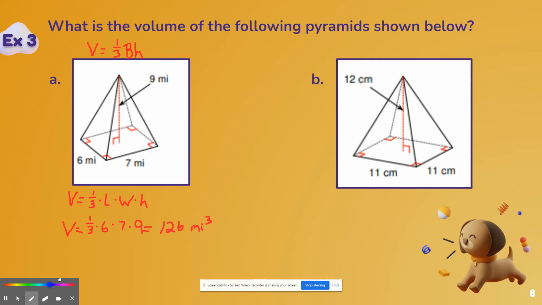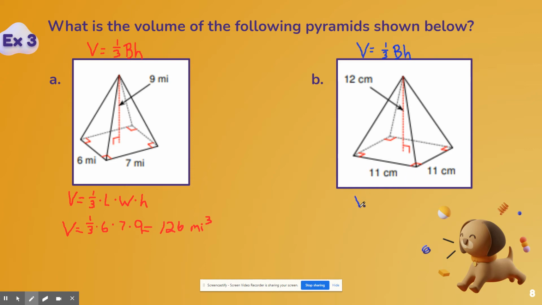Now for this one over here, this is a square, but the formula is still the same. Volume equals 1/3 area of the base times the height. So for this problem, I know that a square has sides that are the same.